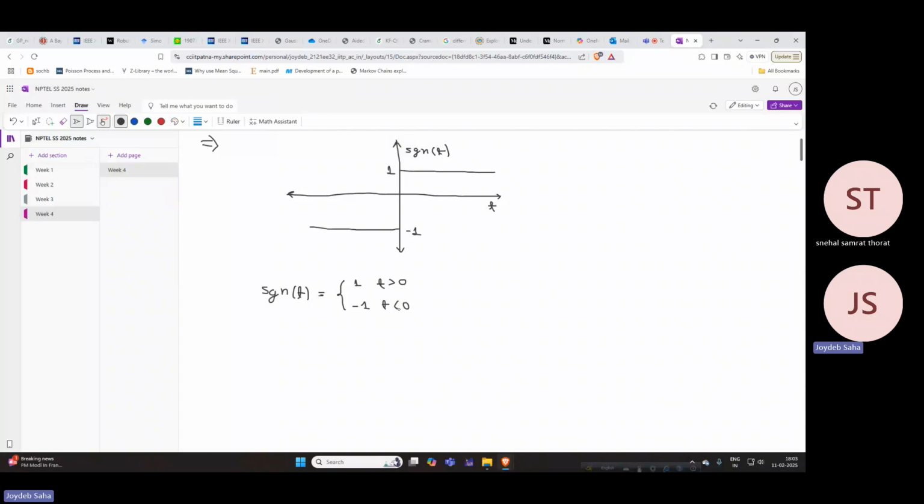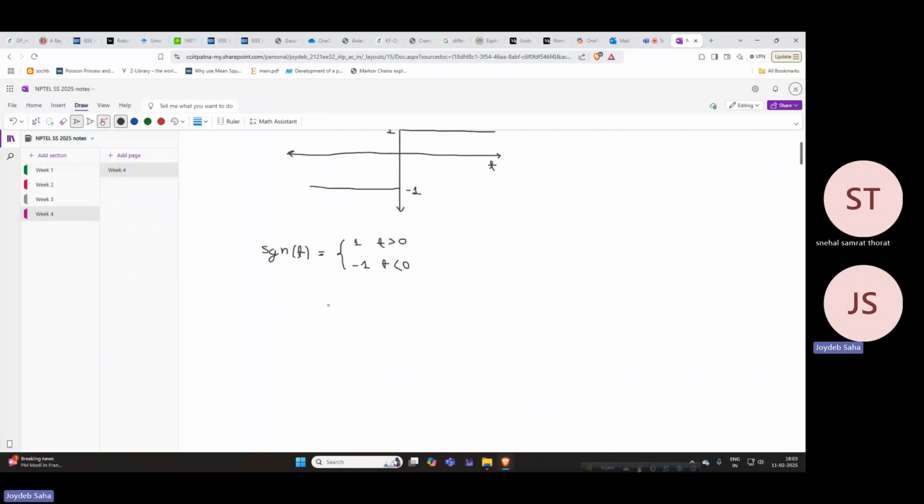So mathematically we can write like this. Can we write it like u of t minus u of minus t? Yes, we can definitely write it. From here only we are getting this, right?